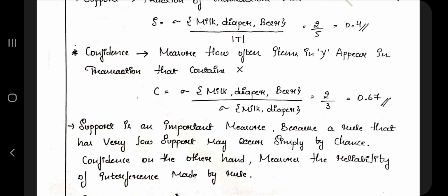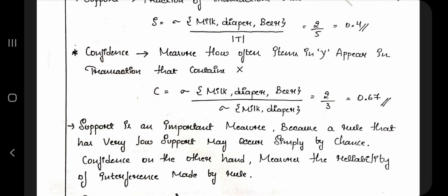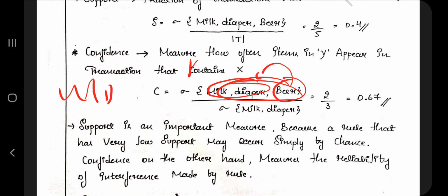So it is X union Y divided by X. This is how we calculate the confidence. Milk and diaper appear 3 times, so we write 3 at the bottom, and we have 2 at the top, so 0.67. What we are trying to find out is how many times milk and diaper appear along with beer, like milk and diaper is one team and beer is another team.